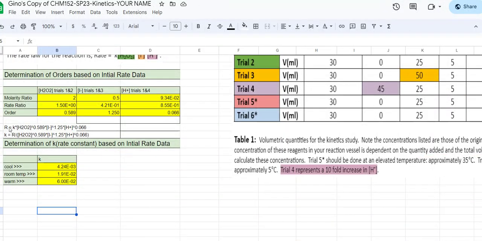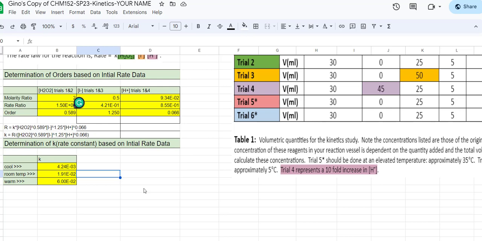All right, so right here I wrote out the rate law with the orders that I determined. Then I rearranged that equation to isolate K. So now I'm going to use the spreadsheet to solve for the K values at the 3 different conditions or temperatures. The warm and the cool trials were done using the same concentrations of peroxide and iodide.